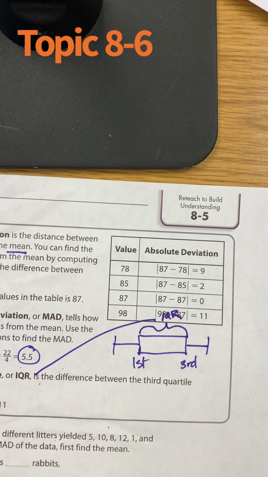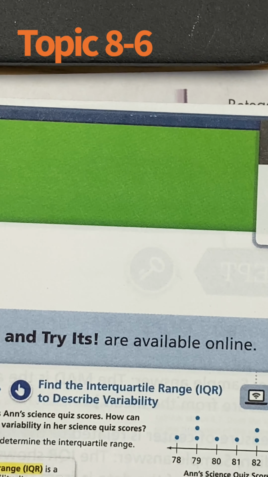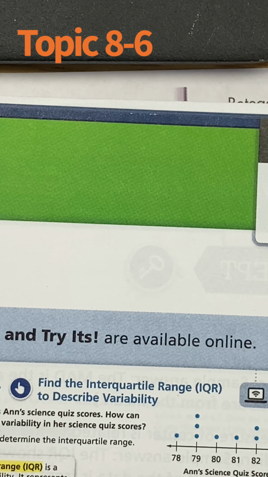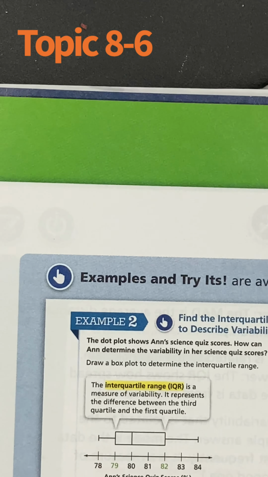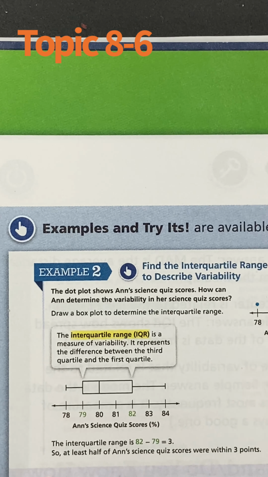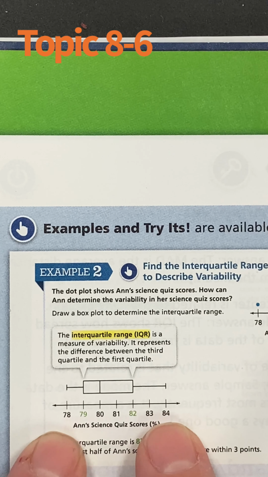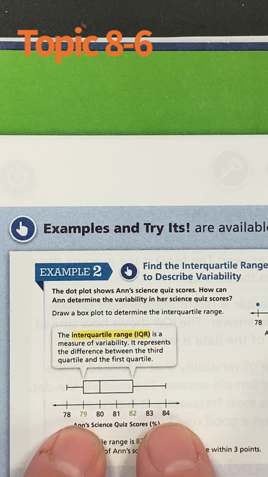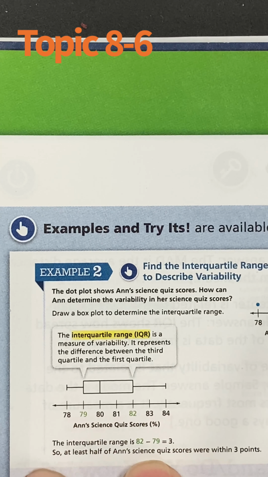Okay, so if we went back to the one in the book, for example, number 2, and we had, oops, too big. So sorry. Okay, so we had a box and whisker plot of her data set. The first quartile is 79, and her third quartile is 82.